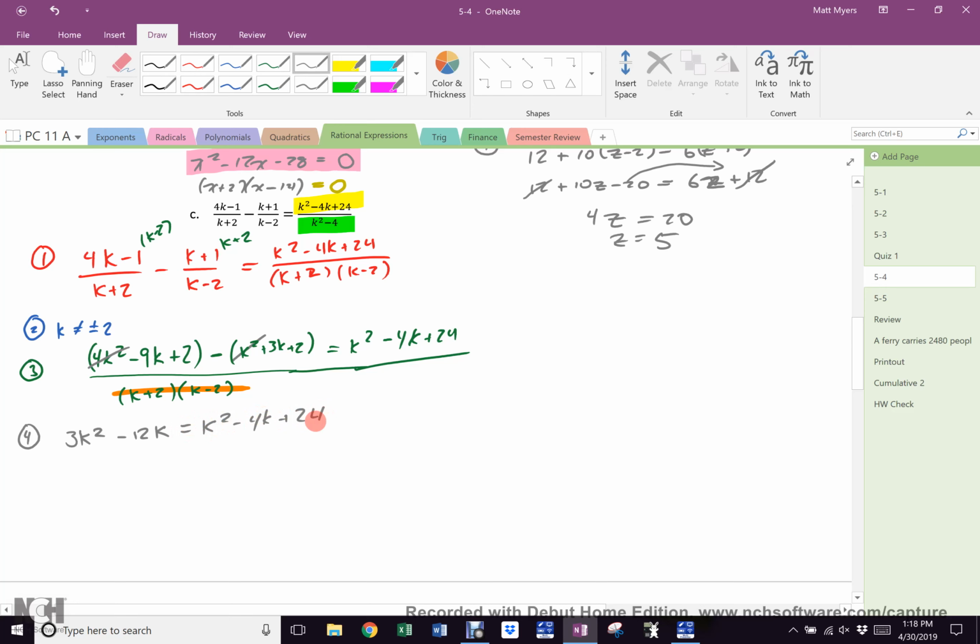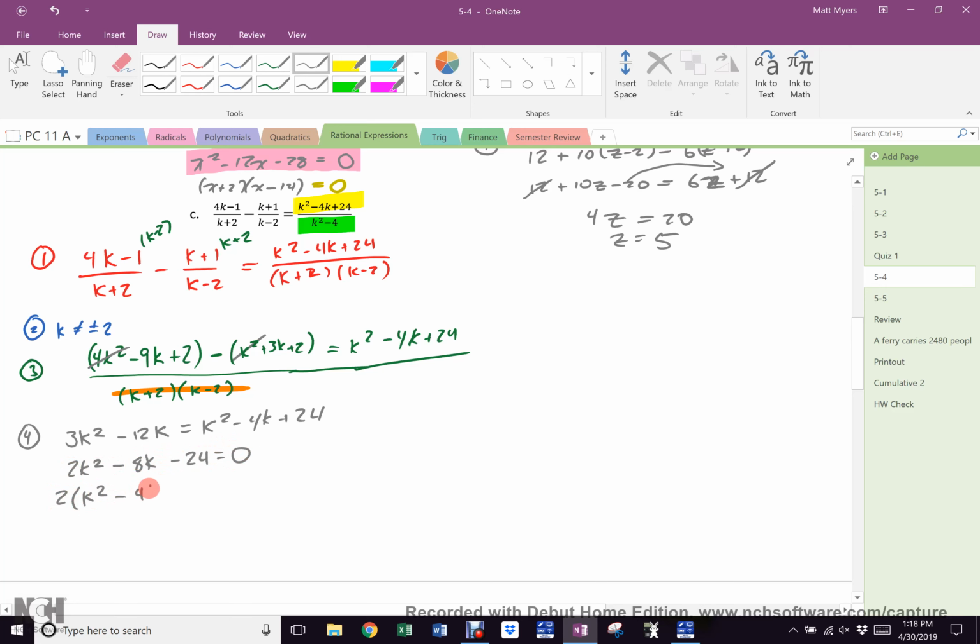Now what? Move everything to one side. So what are we going to get? 2k squared minus 8k minus 24 equals what? 0. What do you see? 2, 8, 24.